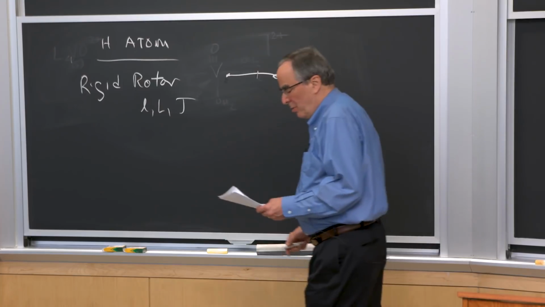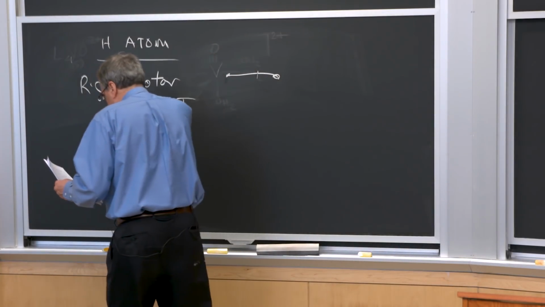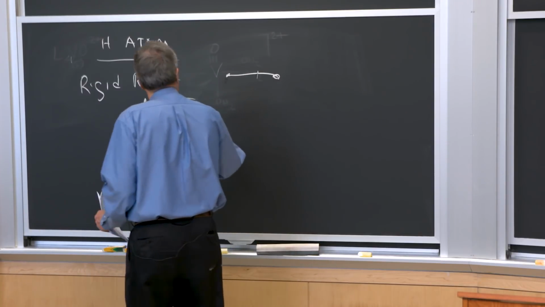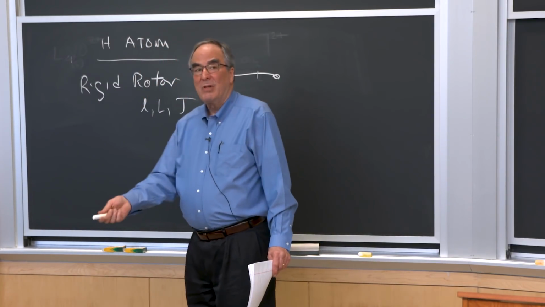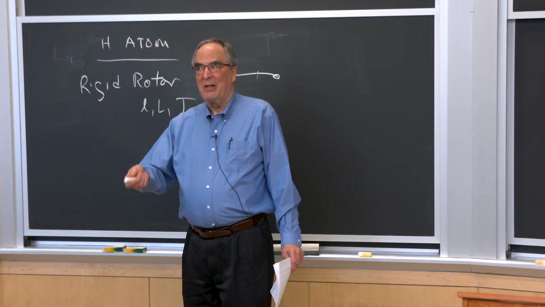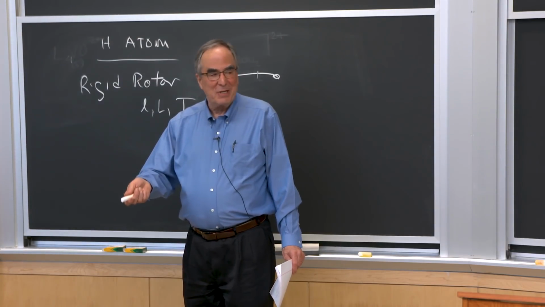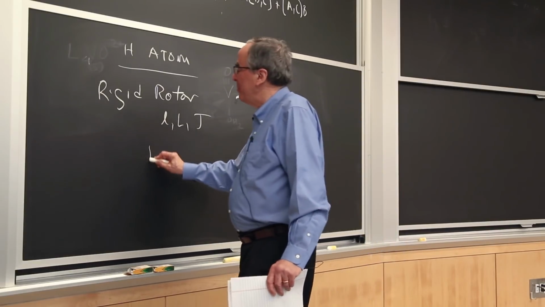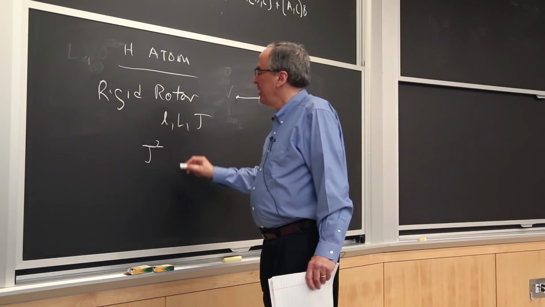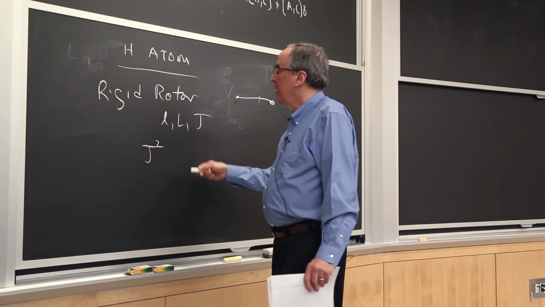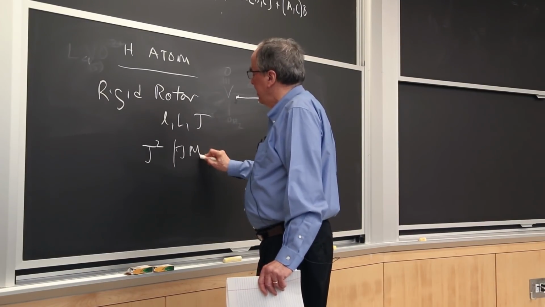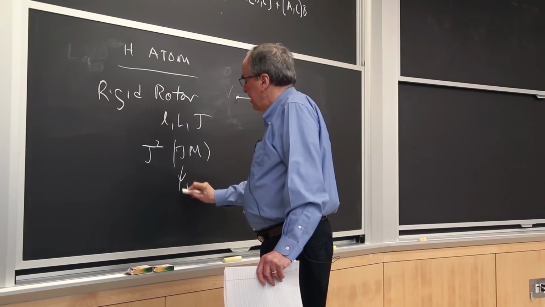And so, one of the things that we learned about the angular momenta was that, now I'm going to switch, even though it's going to be L as the angular momentum mostly in the hydrogen atom, I'm going to switch to J, which is my favorite notation. So J squared operating on a state. Now I can denote it like this, or I can denote it like this.